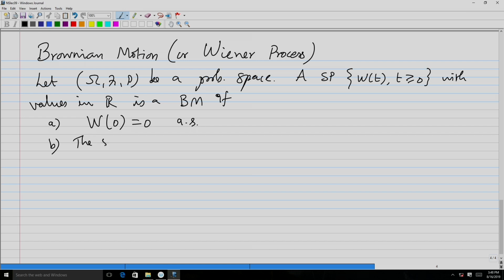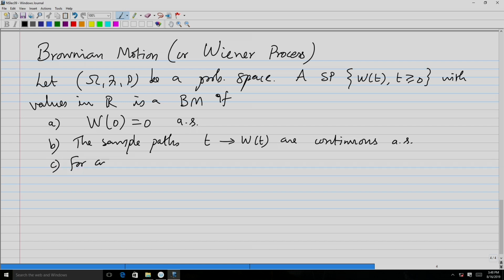Now, these sample paths, as a function of t, if I look at this process, are continuous almost surely again.